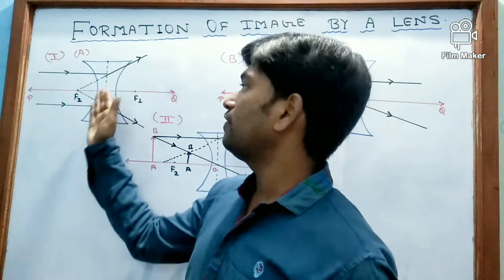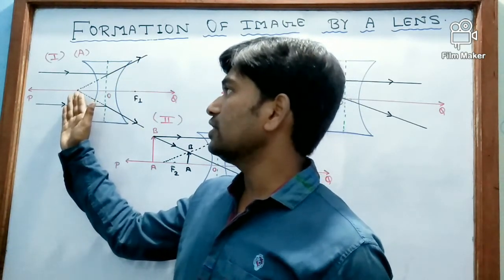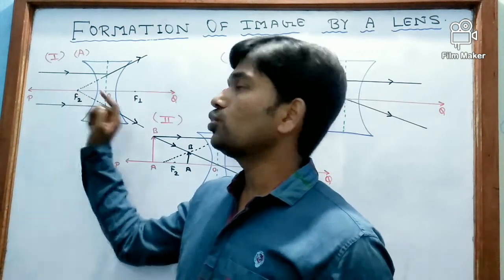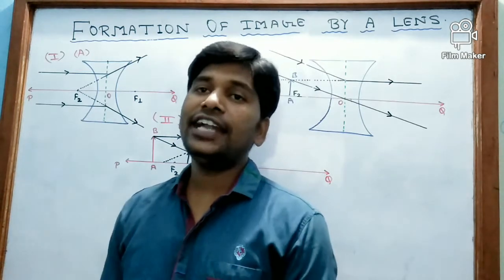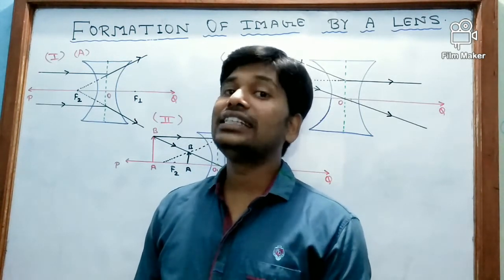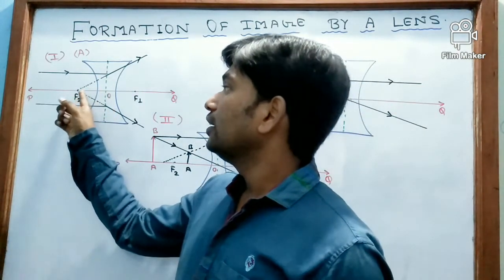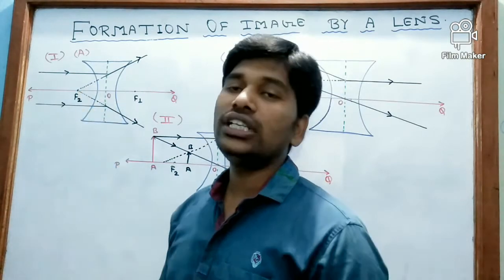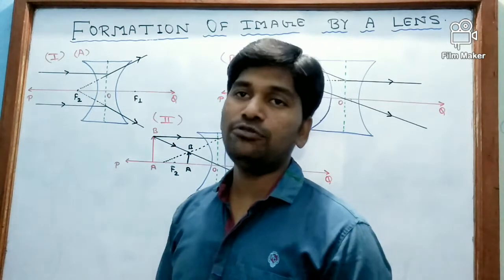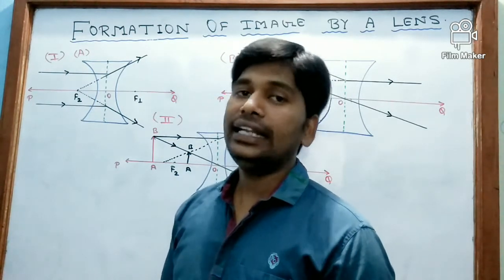After this, the rays of light diverge and appear to diverge from a point F, that is the focus. So the image is formed at the focus. The image will be highly diminished, and as I said, the rays of light do not actually intersect, they appear to diverge from the point F2, so the image is virtual and erect.